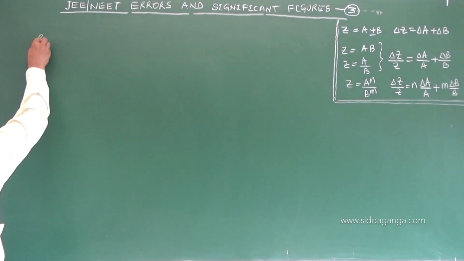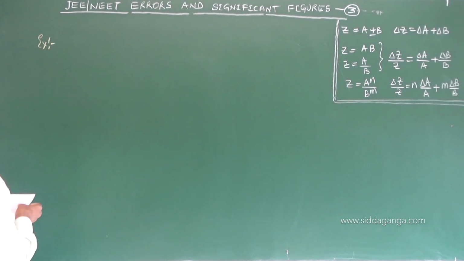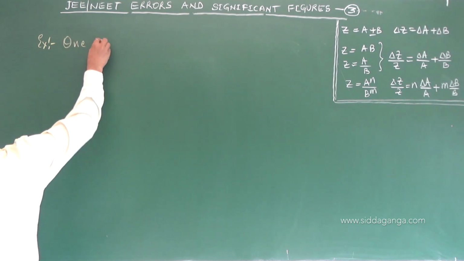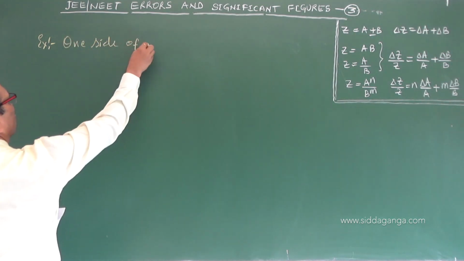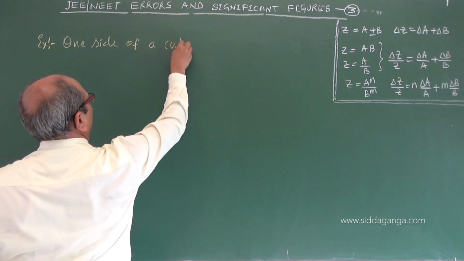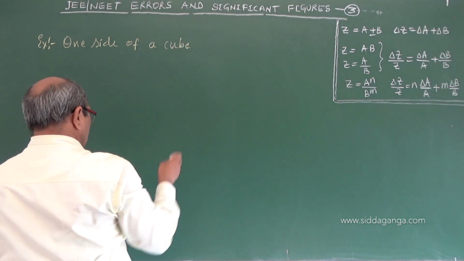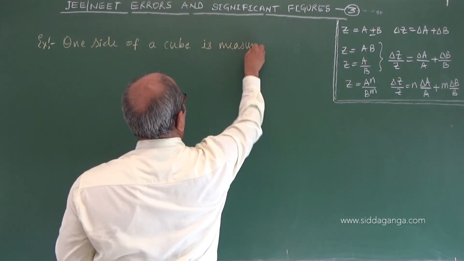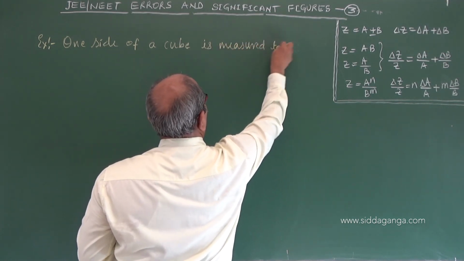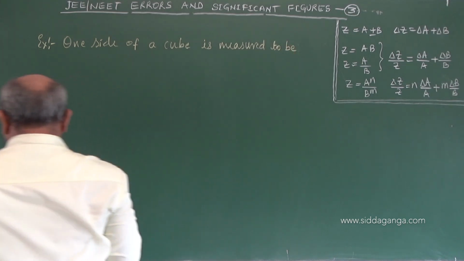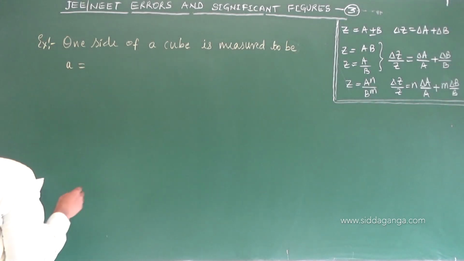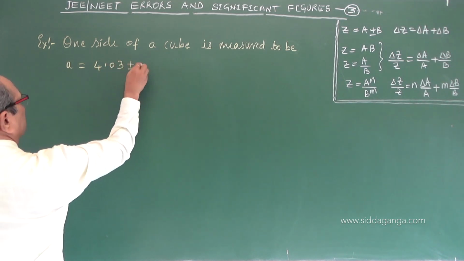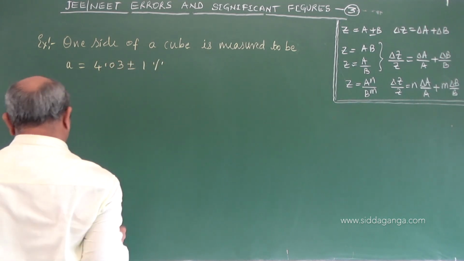See another example. One side of a cube is measured to be A equal to 4.03 plus or minus 1%.